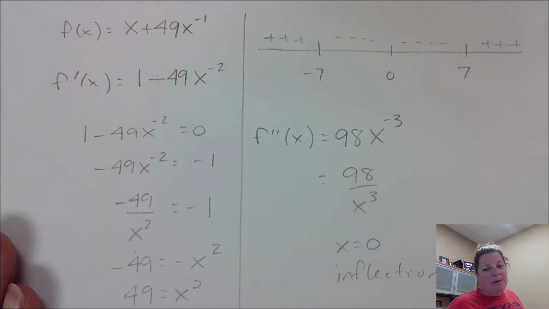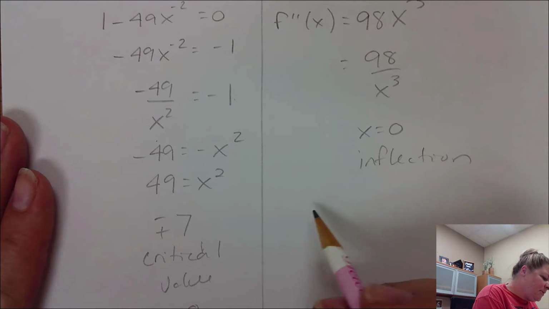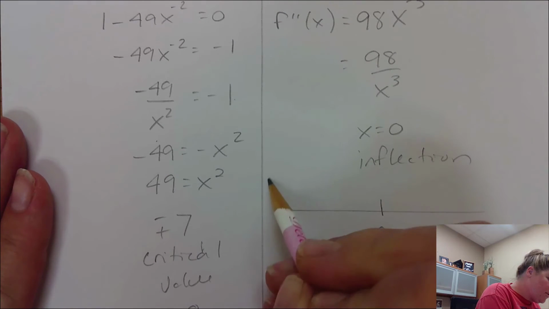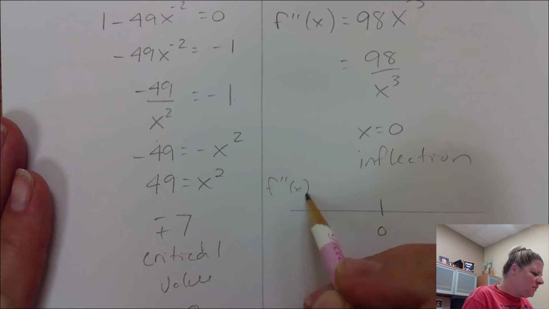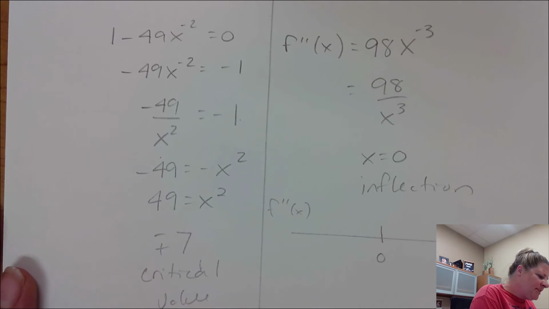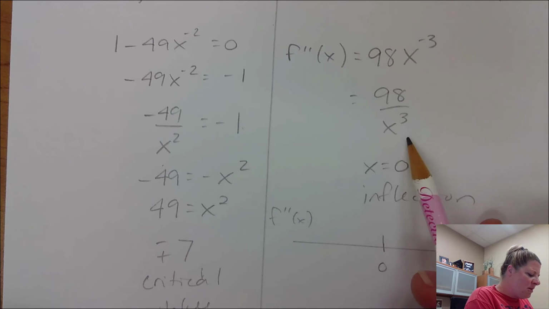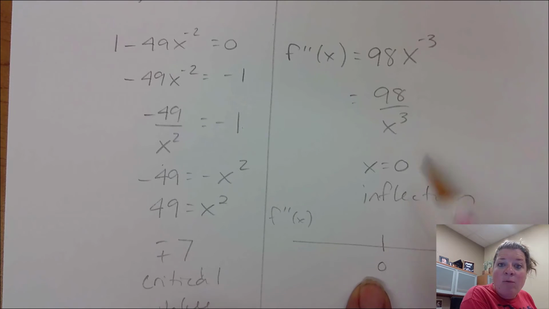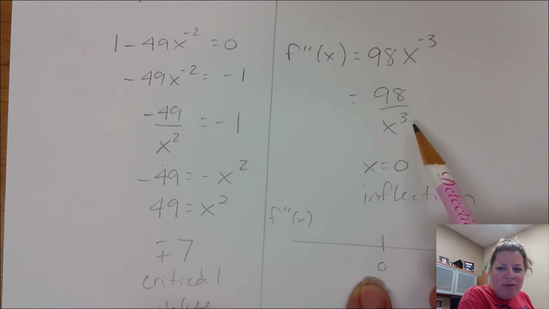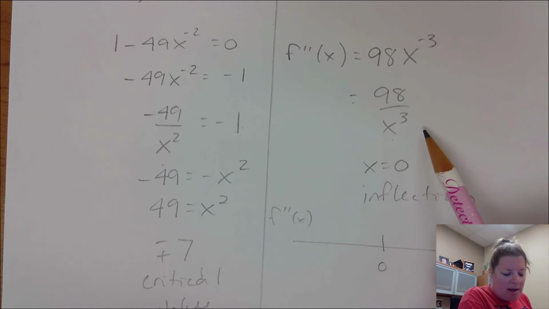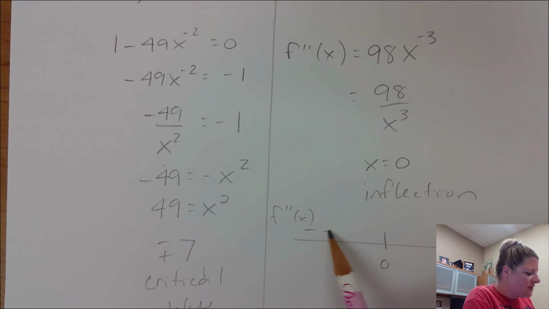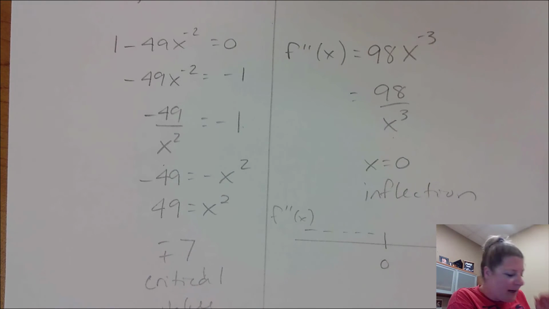And so if we did our little sign chart with the 0 with the second derivative, we have to put in something less than 0, so maybe -1. -1 to the third is still -1, so this is negative, because 98 divided by a negative will be negative.